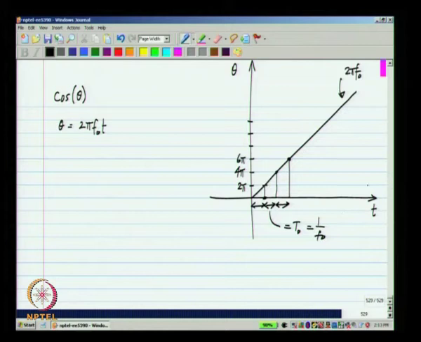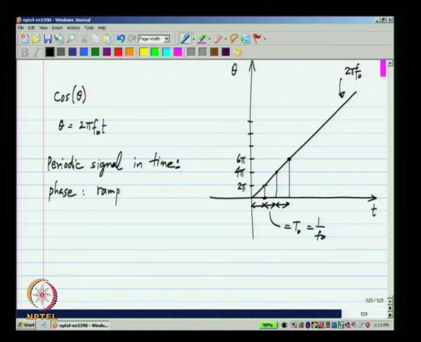So, essentially we can define a periodic signal in time as a signal that is periodic in time. We say that it has a phase that is a ramp, okay, that is an ideal ramp.